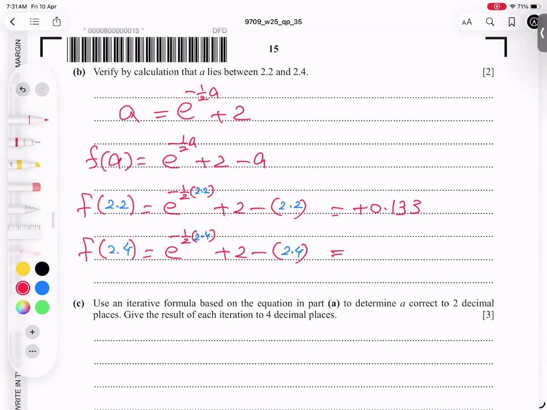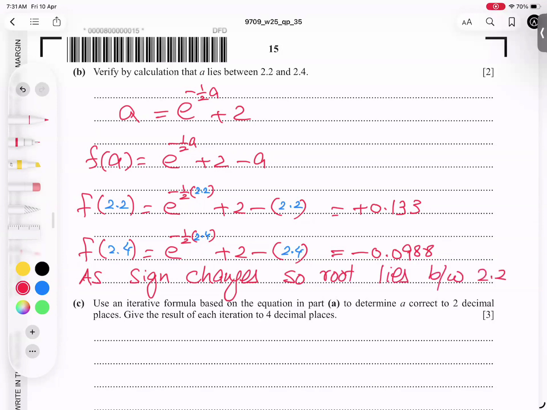Second answer, I'm getting negative 0.0988. And when the sign changes, the rule is that the sign changes, so the root lies between 2.2 and 2.4.